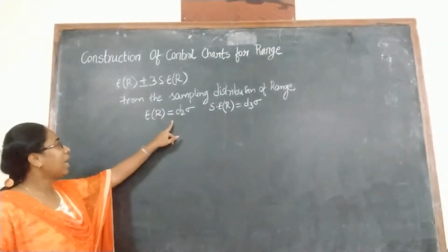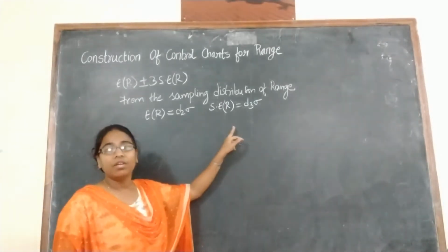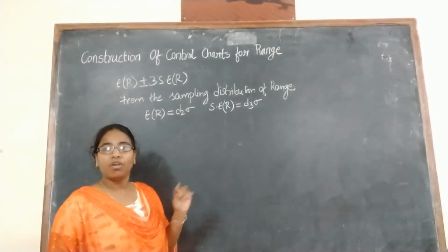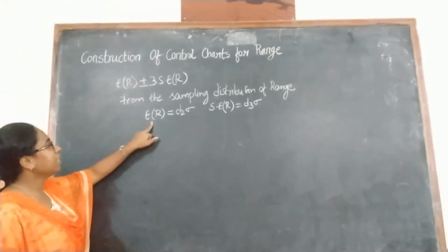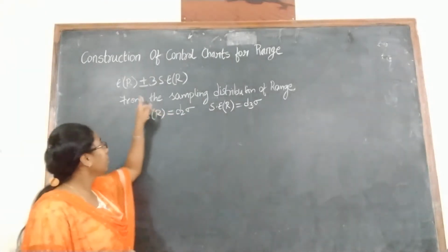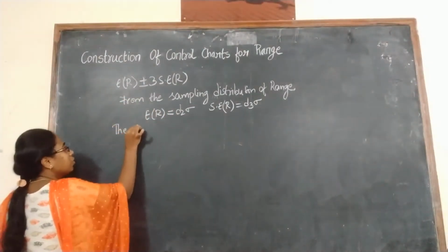So these are the values of expectation of R and standard error of R, which can be obtained from the sampling distribution of range. So substitute the expectation of R value and the standard error of R value in the 3 sigma control limits.